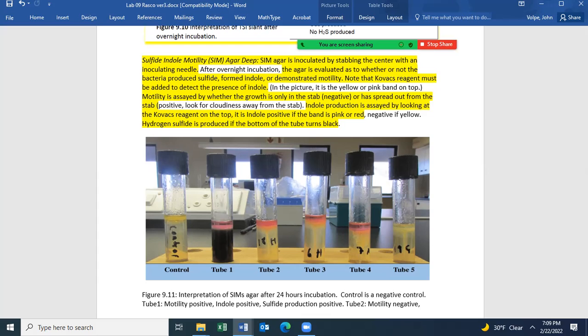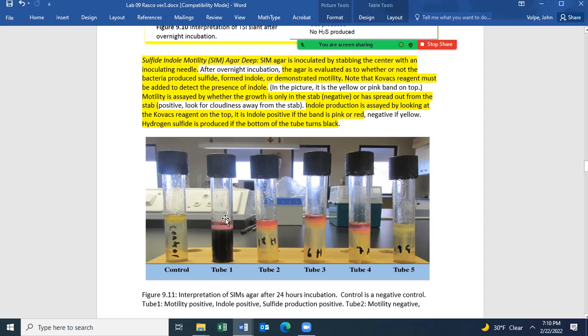Oh, it's indole. Yeah, you add Kovacs reagent to look for the production of indole. And if it turns red, it's positive for the production of indole. Indole is made from the breakdown of the amino acid tryptophan. If it's negative, the color is unchanged, yellowish.